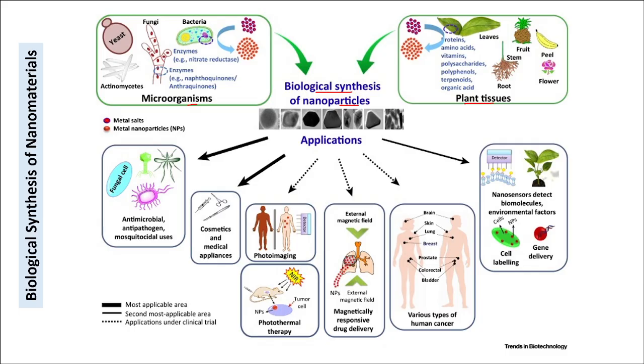These have antimicrobial, antipathogen, and mosquitocidal uses. In addition, some are also used for cosmetics and medical appliances. For example, there is a research area where people want to replace heart stents, used in case of atherosclerosis or if there is collapse of some of the arteries, nerves, or blood vessels.